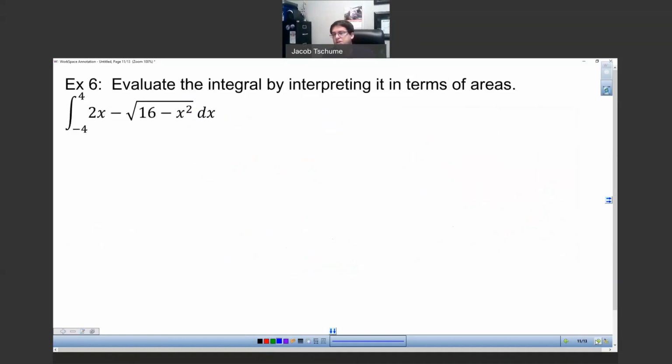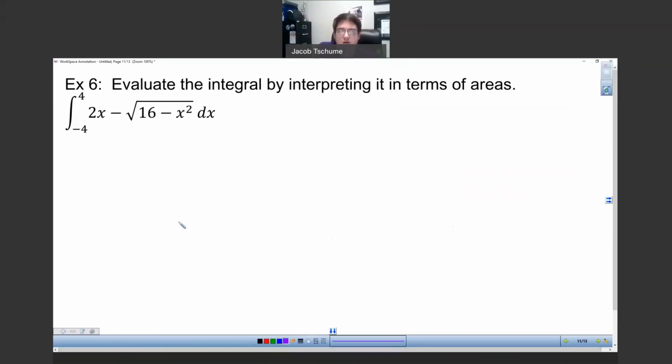Where it can be challenging is, what if I want you to do the exact same thing, but I don't give you the picture, which means you have to draw the picture yourself. Now, that would be nice if it was one big picture, but what if I give you 2 separate functions and I want you to use the properties of integrals to help you?